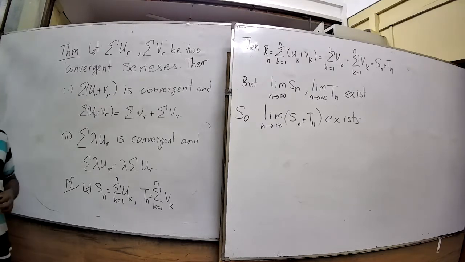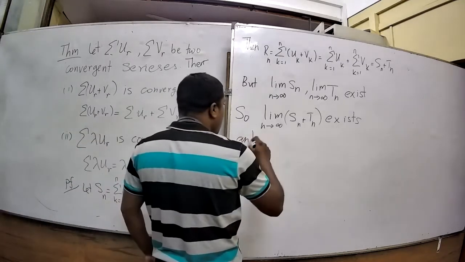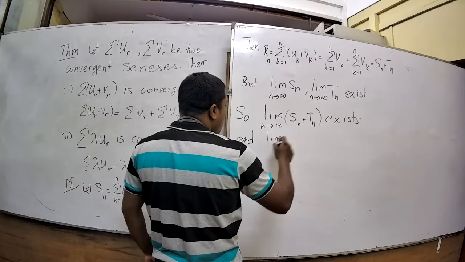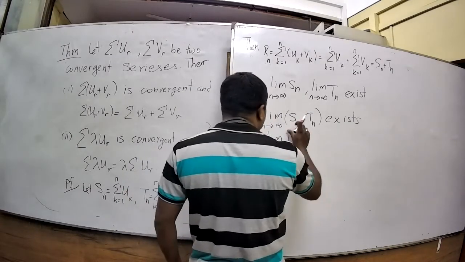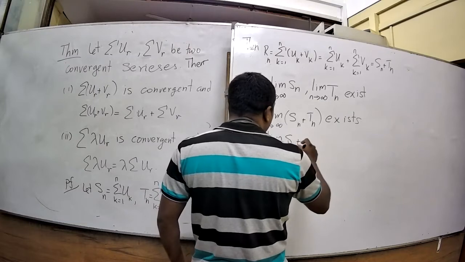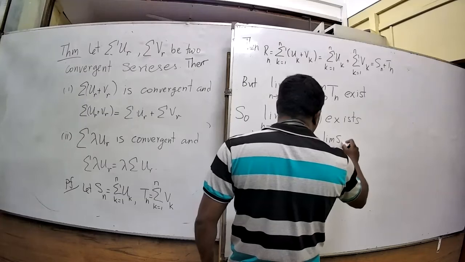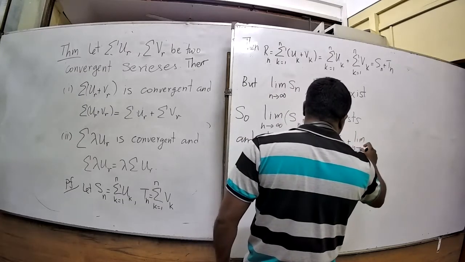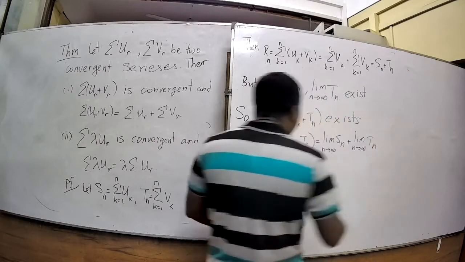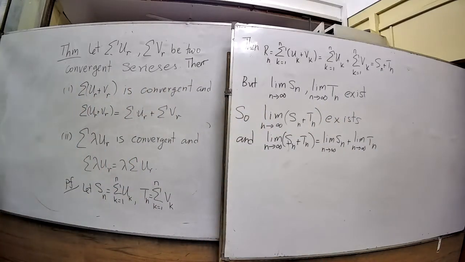At the beginning of chapter 2 we studied this also: the limit of x_n plus y_n is equal to the limit of x_n plus the limit of y_n.